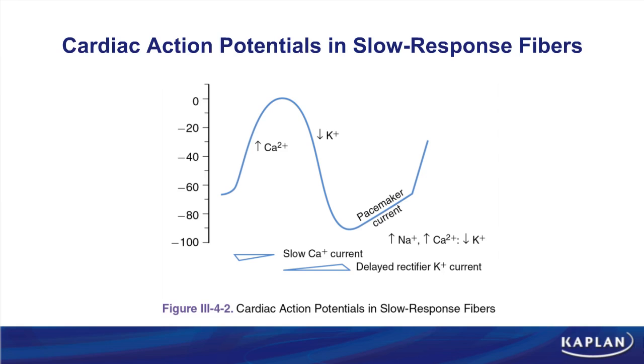Do you remember that beta-1 agonists like dobutamine and dopamine can stimulate beta-1 receptors? You increase cyclic AMP, you activate protein kinase A, you phosphorylate calcium channels, and more calcium comes into cells. So stimulating beta-1s increases the amount of calcium inside cells.